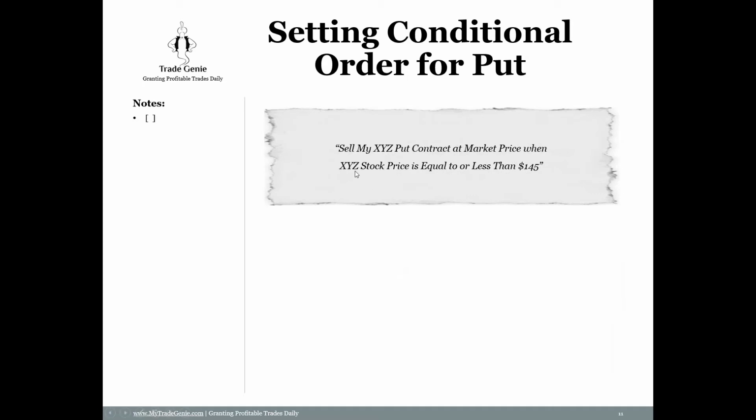Sell my XYZ put contract at market price when XYZ stock price is equal to or less than 145. So when the stock reaches 145, or suppose it gaps down to 140, or you wake up and it has gapped down, at that time whatever the option price is at the market, it will get hit.